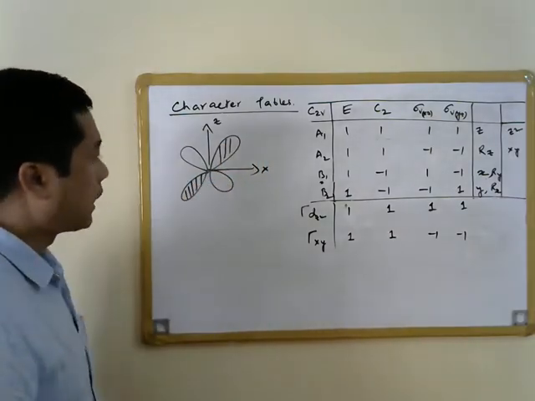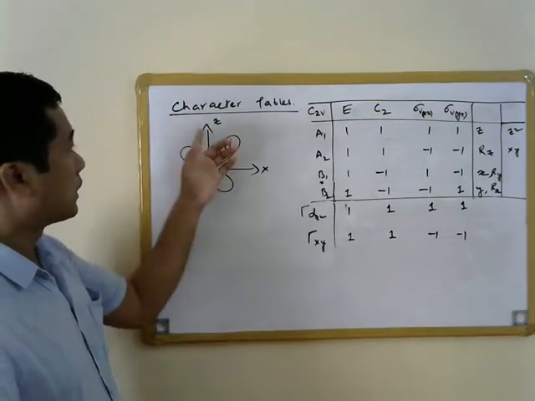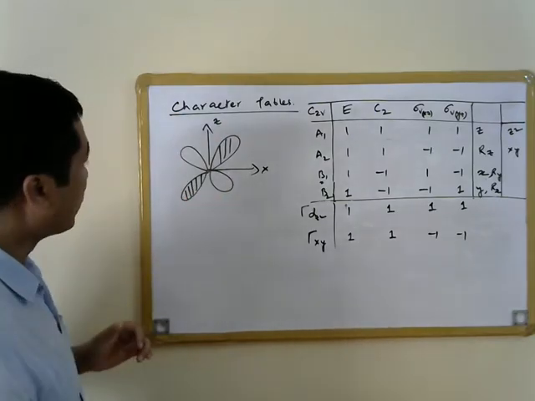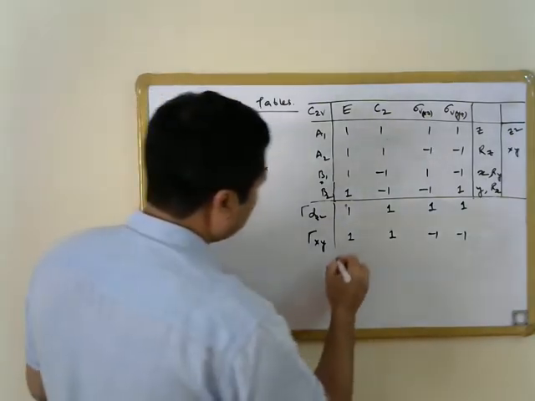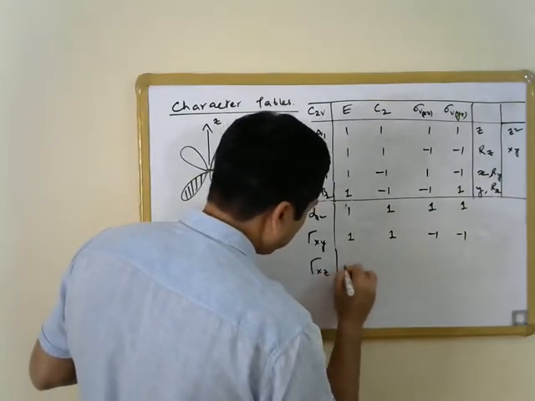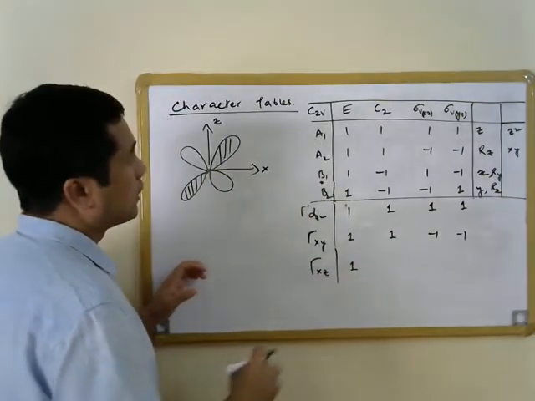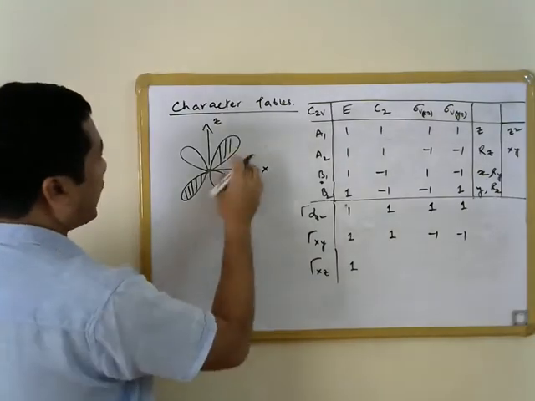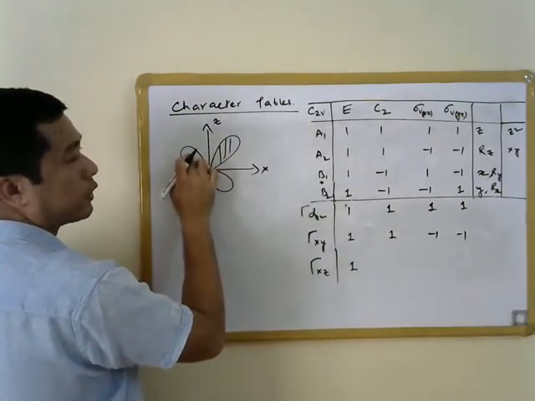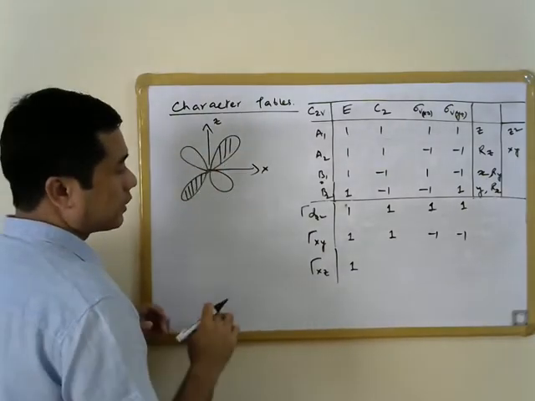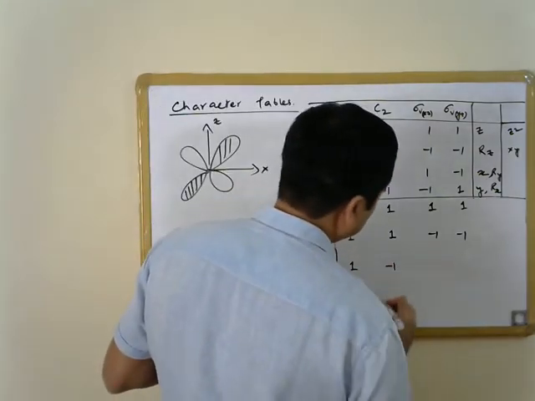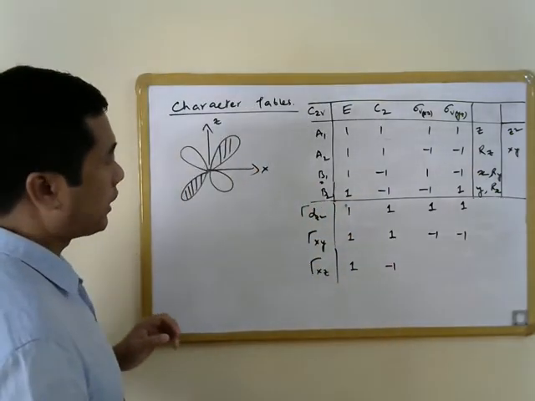Now the orbital lies on the plane of the board, and the x and z axes also lie on the plane of the board here. When we do C2, a 180-degree rotation, this lobe will reach over here, this will reach over here. So the symmetry of the lobes gets reversed, and we have to write -1 here.